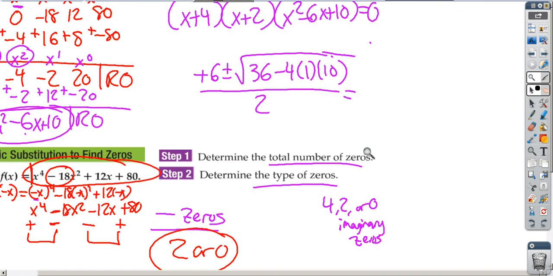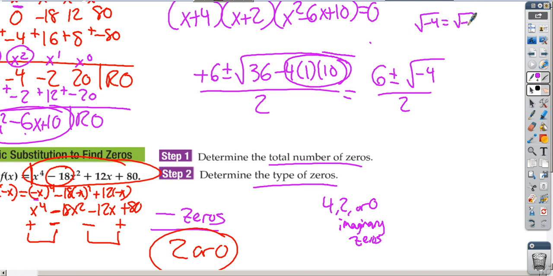And then let's simplify that. We would get 6 plus or minus the square root of 36 minus 40, which is negative 4. The square root of negative 4 is the same as the square root of negative 1 times 4. The square root of 4 is 2, and the square root of negative 1 is i. So that's the same as 6 plus or minus 2i over 2.